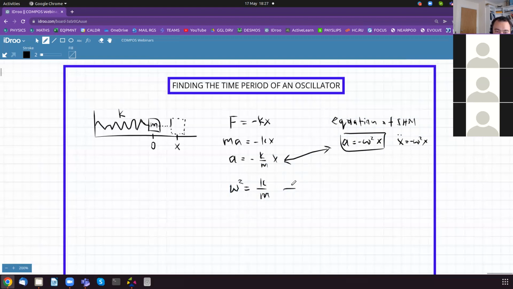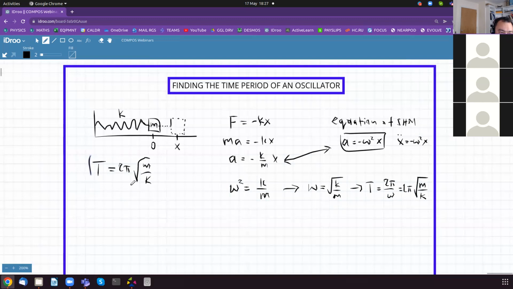That means that omega is square root of k over m. And we know that time period is 2 pi divided by omega, and that's 2 pi square root of m over k. So in other words, the time period of a spring mass system is 2 pi square root m over k.